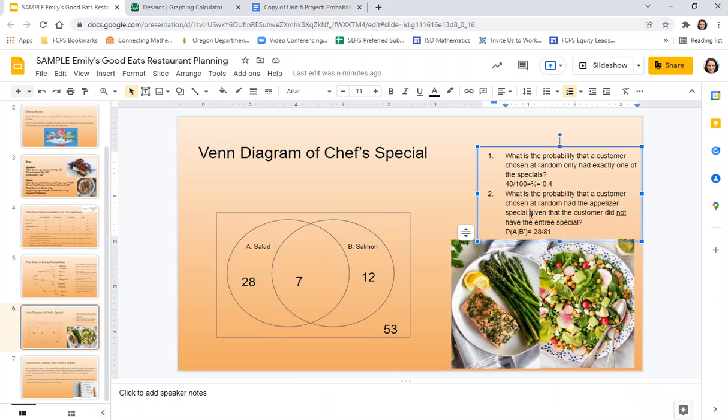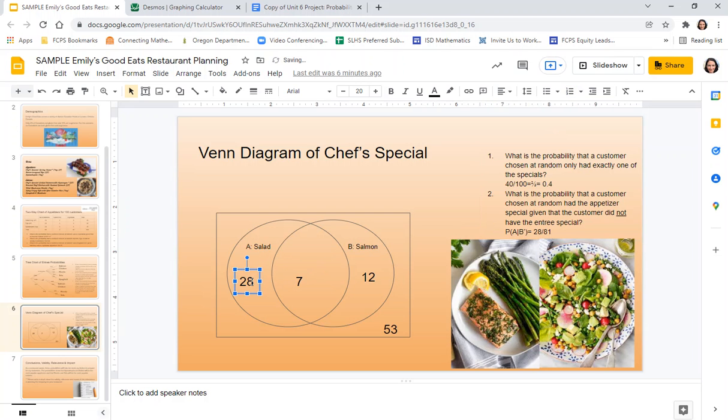All right, and you could have replaced the appetizer special with salad in this case, and the entree special with salmon, but I didn't do it this time. And so they did not have the entree special. So we're looking first for the numerator for the people who did both. They had the appetizer special and they did not have the entree special. So that would be, let's see, appetizer here, 28.